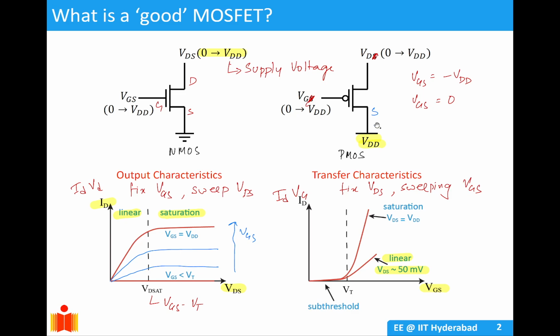But in the PMOS case, the voltage on the source is not 0, it is at VDD. So when I apply a 0 voltage on my gate, then my VGS comes out to be 0 minus VDD, that is equal to minus VDD. And when I go to VG equals VDD, then my VGS becomes VDD minus VDD, 0. Similar thing applies for my VD.